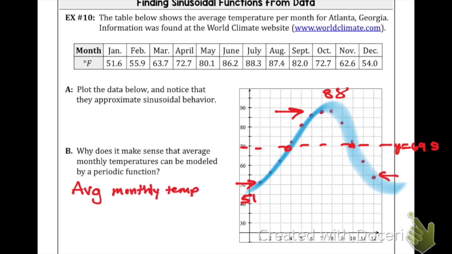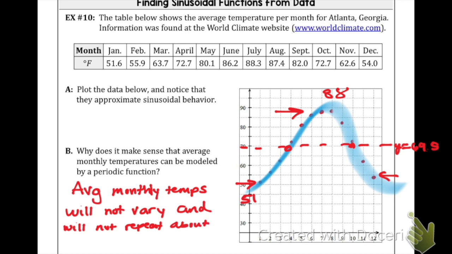Average monthly temps will not vary and will repeat about the same from year to year.